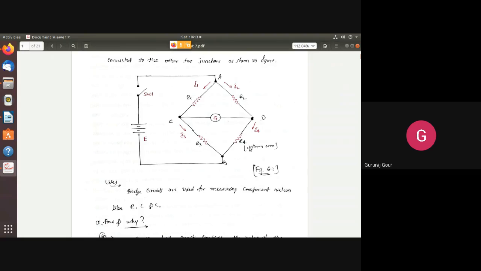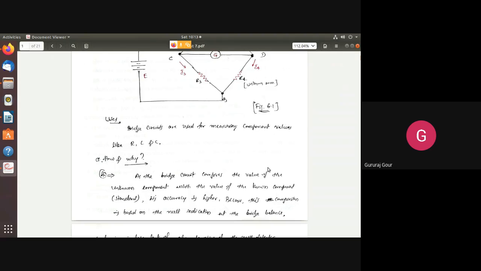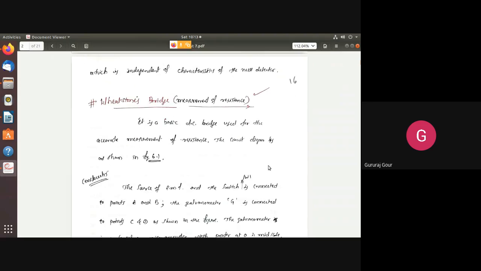So that measurement of unknown resistance is totally independent of the deflection or characteristics or properties of the galvanometer. So that's why we can say the measurement of resistance by the bridge circuit is more accurate compared to the digital voltmeter. Now let us see the Wheatstone bridge, that is a measurement of resistance.